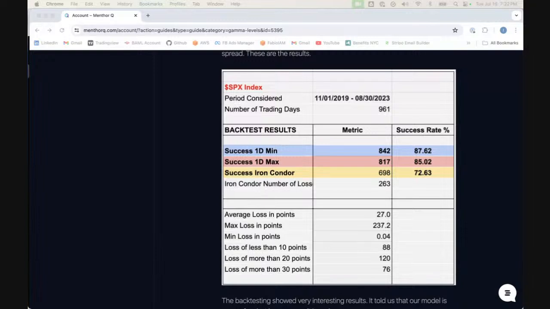Also, if you notice, the iron condor success rate is about 72%, 75%. Now this gets a little into the weeds on iron condor selling. If you sell a 5-wide iron condor for about a third the width of the spread at these levels, even with that 72% success rate, you're not going to have big losses.